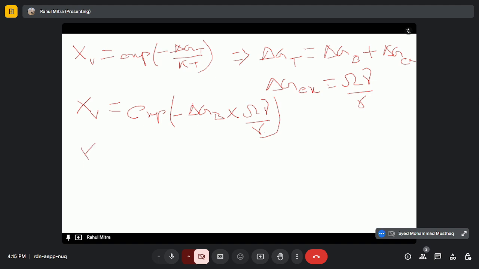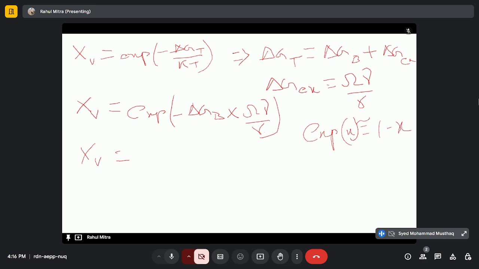And XV, we can approximate the exponential: exponential of x is approximately equal to 1 minus x.